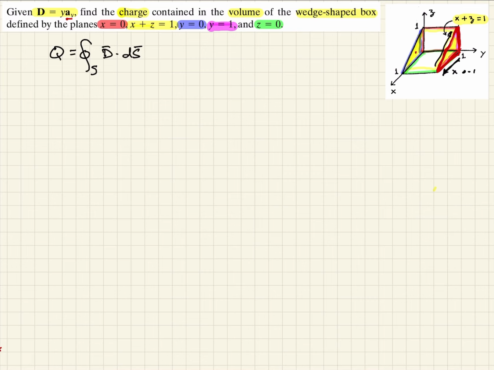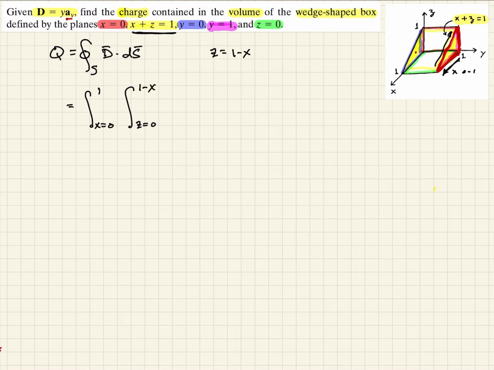So if we solve this equation here for z, then z is going to be equal to 1 minus x. So that being the case, let's rewrite this then. We're going to have two dimensions that we're integrating across. The first one's going to be from x equals 0 to 1. And then the other one is going to be from z equals 0 to 1 minus x.